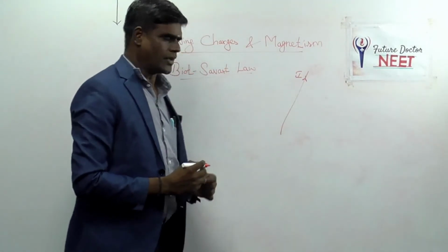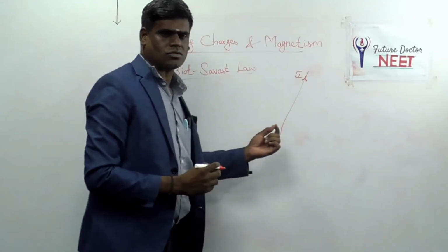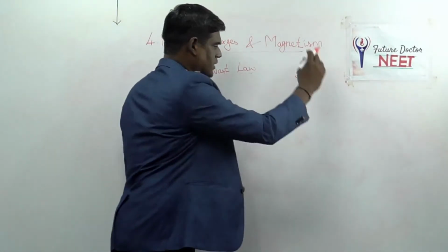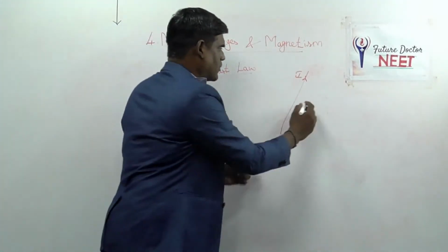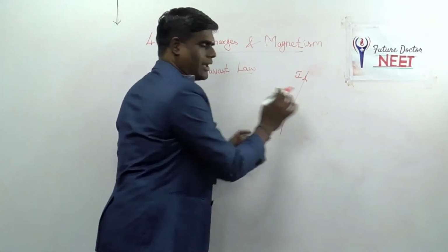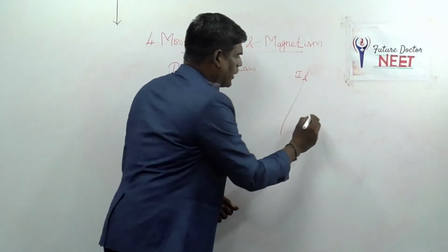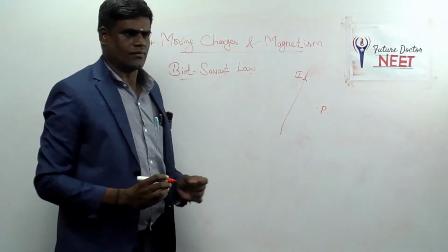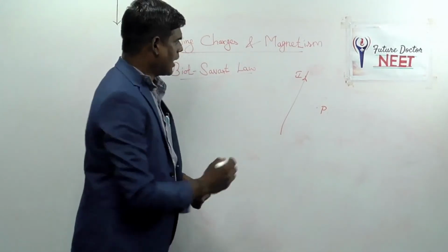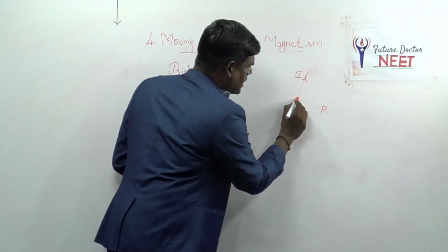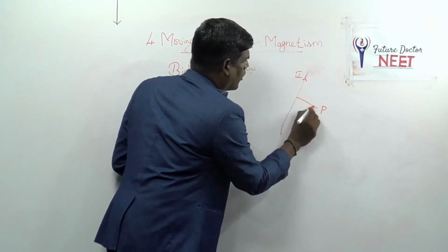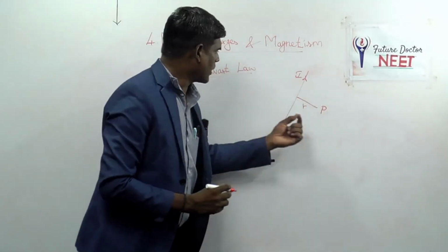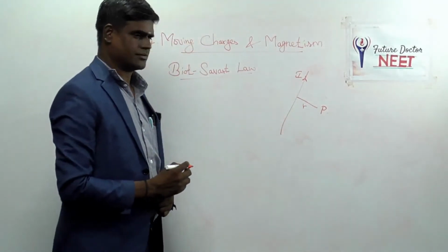Already we discussed, whenever current flows, it produces a magnetic field. So current flows in this wire and a magnetic field is produced like that. And we are going to find the value of the magnetic field at this point, which is at a distance r from here.